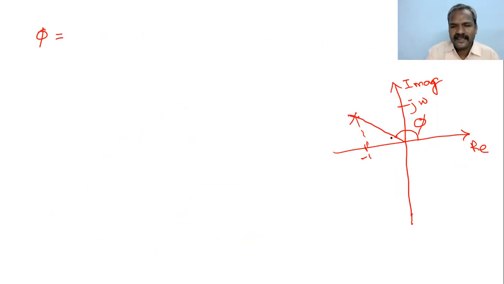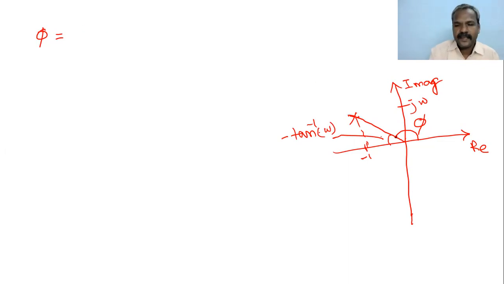So how can we write this? You can easily find it out using tan inverse of minus omega, right? Tan inverse of minus omega is minus tan inverse of omega. So what is the phase angle?